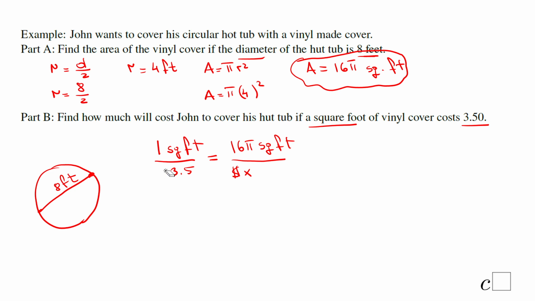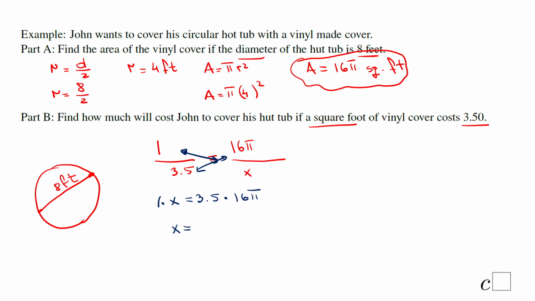Now I can erase them and I can use cross multiplication. Of course, some of you may say it can be done in a different way, which is correct, yes. And here we have 1 times x equals 3.5 times 16 pi. So 1 times x is just x. So now we're going to grab a calculator and do the math.